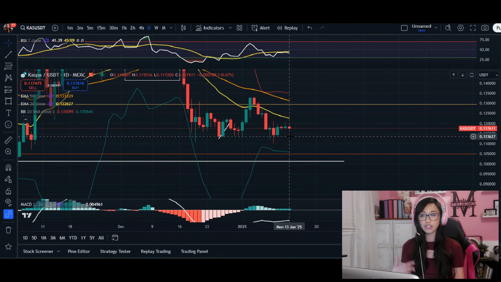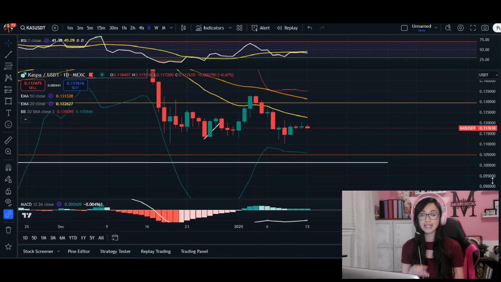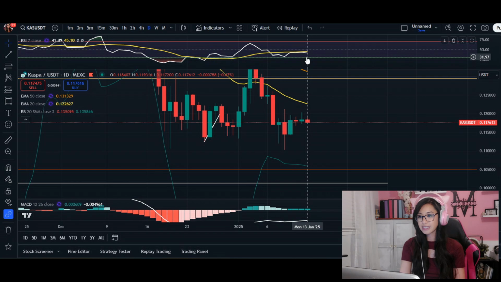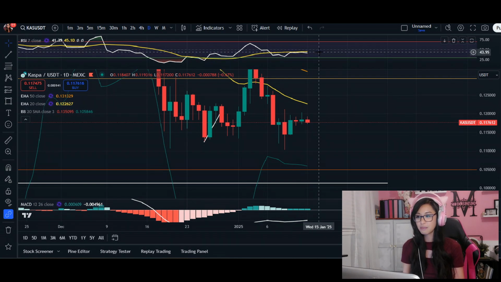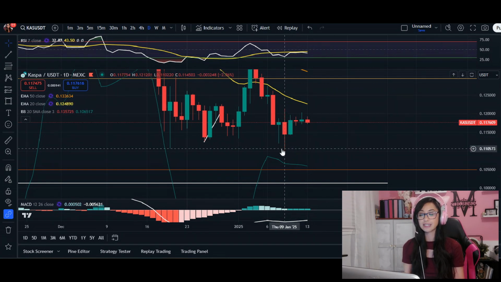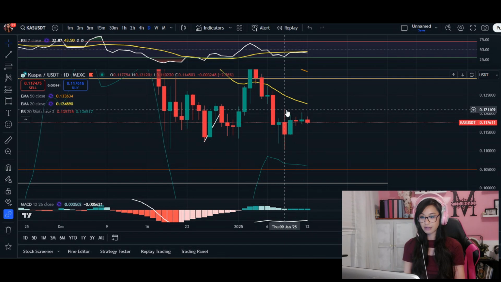Again, if we want to reclaim an uptrend and see that nice recovery, we do need to come back to these moving averages, because the moving averages act as a trend itself. The RSI is sitting roughly around the 40s, indicating slight bearish momentum, while the price action is still displaying some lower highs and lower lows. So this is showing us some classic signs of a downtrend.